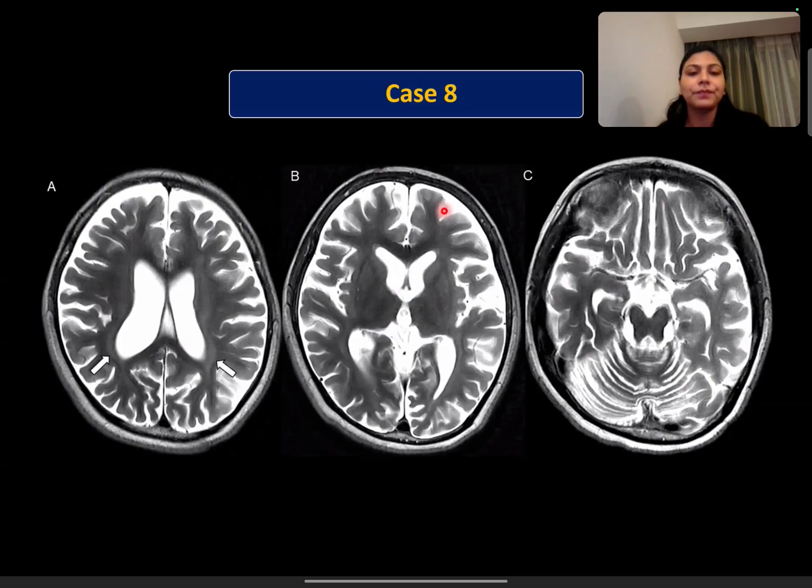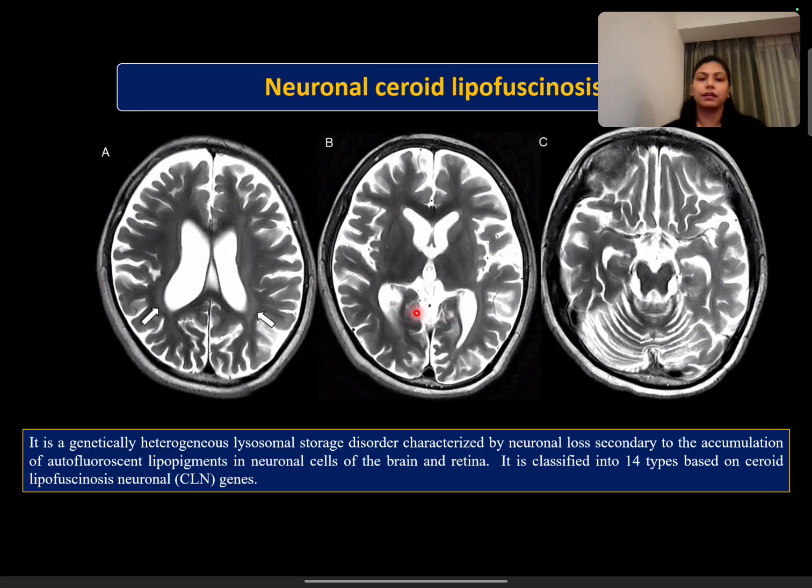So this is again a secondary hypomyelinating leukodystrophy. These children usually have very severe symptoms. They have myoclonus, they have seizures. And what we see on MR is significant atrophy of the cerebral hemispheres as well as cerebellar hemispheres, and the thalami may appear mildly hypointense in signal.